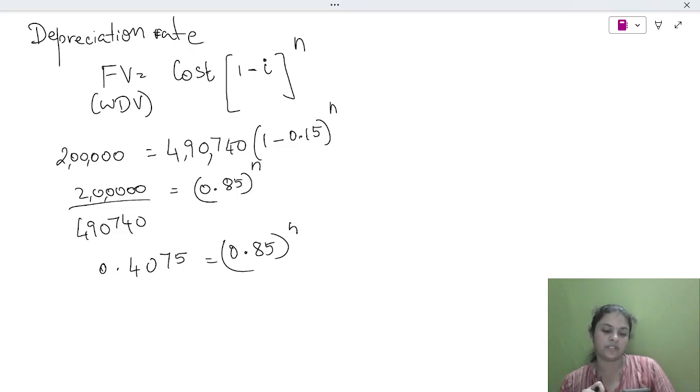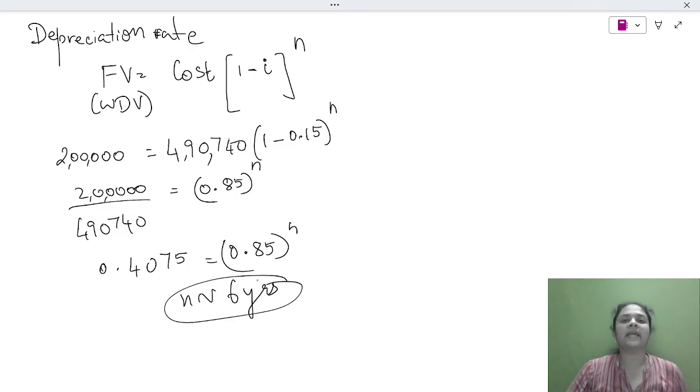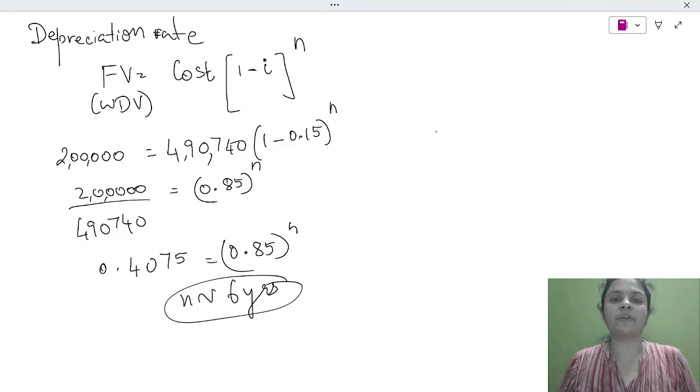Three times is 0.6, 4 times is 0.5, so 5. Yeah, somewhere between 5 and 6 years I am getting. So you can choose the nearest answer available. So I will take approximately n is equal to 6 years. In the exam, if they have given options like 5.5 years, 5.4 years, you can choose that option accordingly. So the only difference in the formula is, instead of 1 plus I, we are going to use 1 minus I.